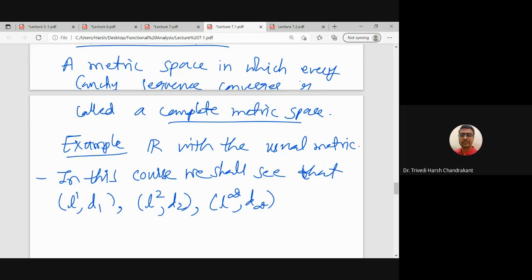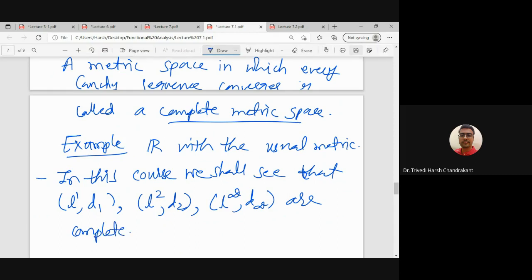We'll see that these three metric spaces are complete. Right, so this we'll see later. What is the proof that we'll see later? Okay, so this is the story of some results of metric spaces which we wanted to discuss.